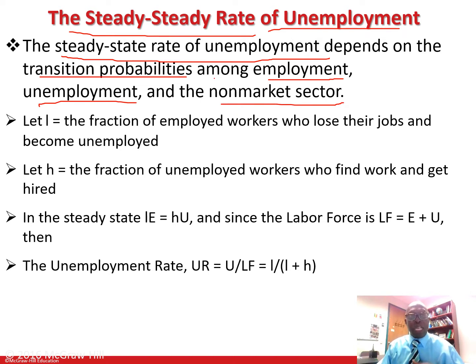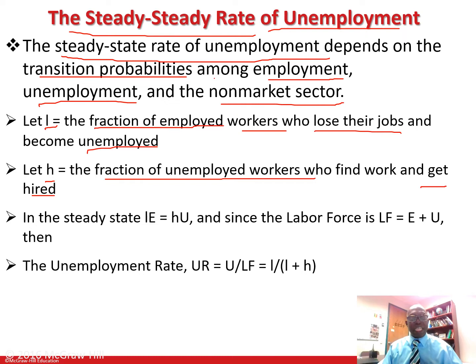Let I be the fraction of employed workers who lose their job and become unemployed. Let H be the fraction of unemployed workers who find a job and get hired.